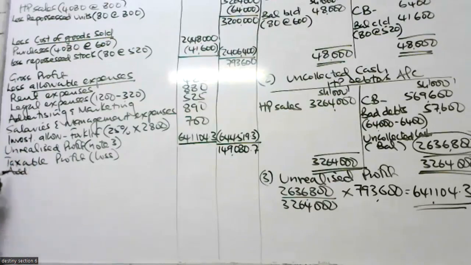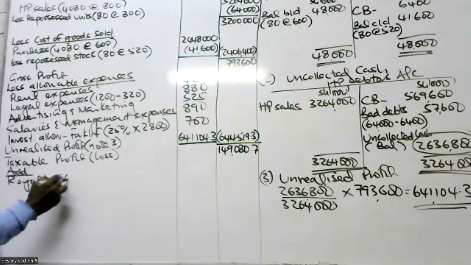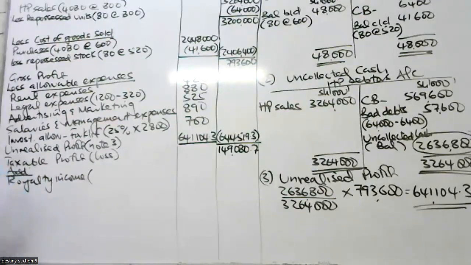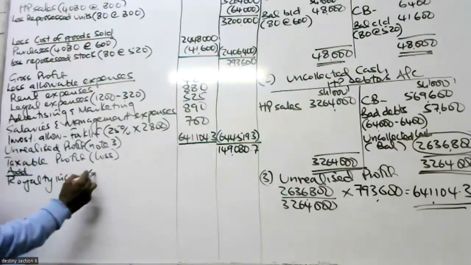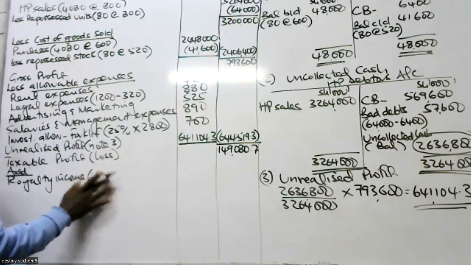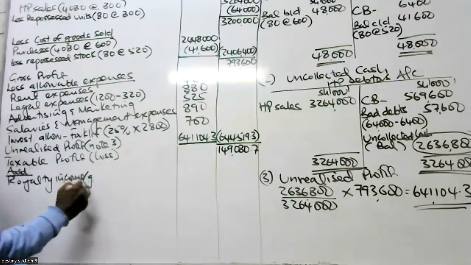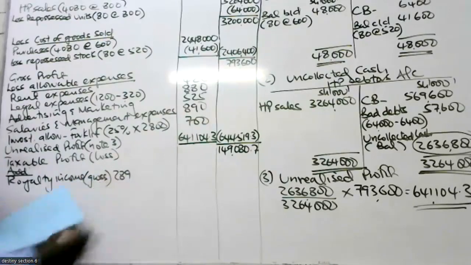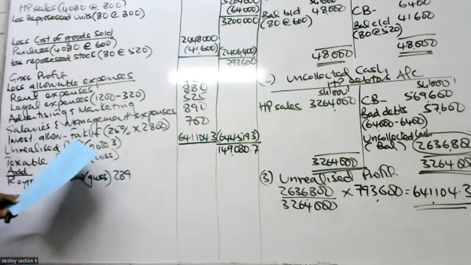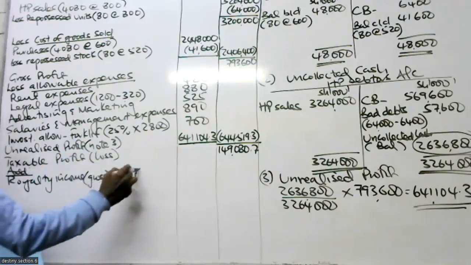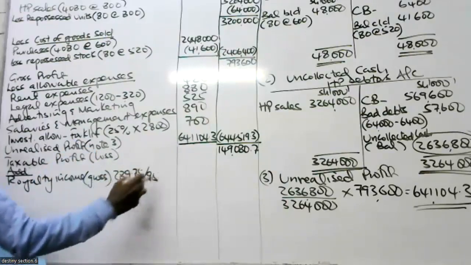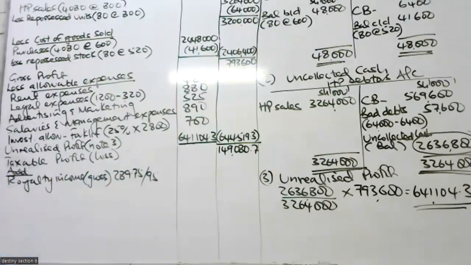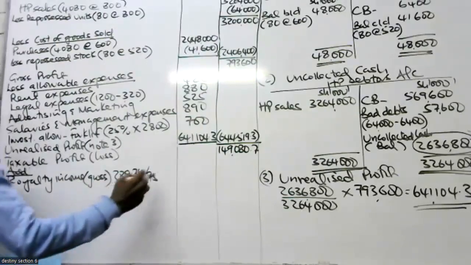So royalty income, you have 289,750. We want the gross amount. To get the gross amount, you take 289,750, the figure we've been given, and divide by 95, because this is 95% when they say net, since the rate of withholding tax is 5%, so 100 minus 5, you're left with 95.